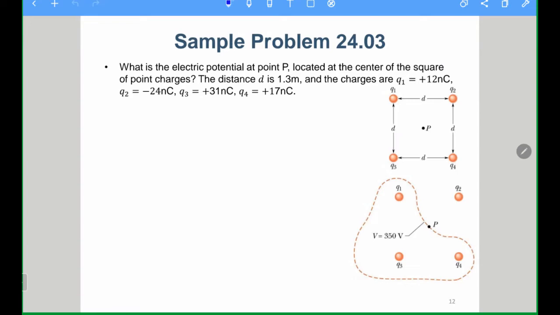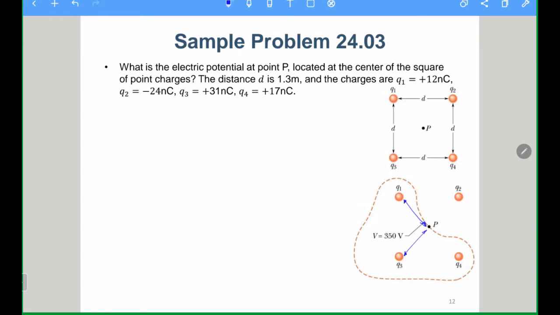So nothing special. If we need to calculate the E field at point P, then it needs more calculation, but in this case, it is not that difficult.